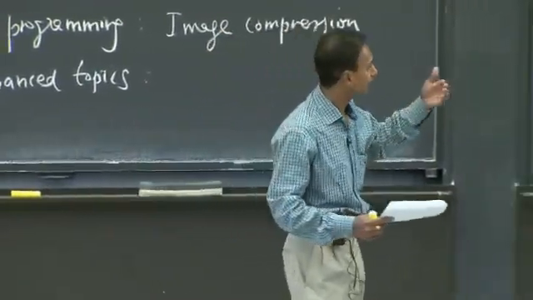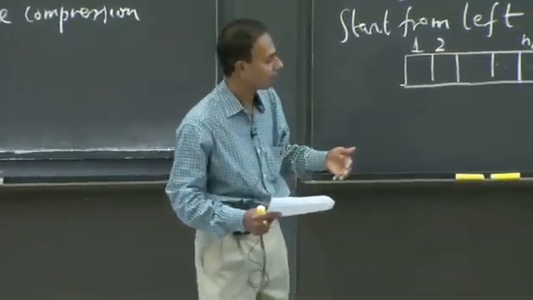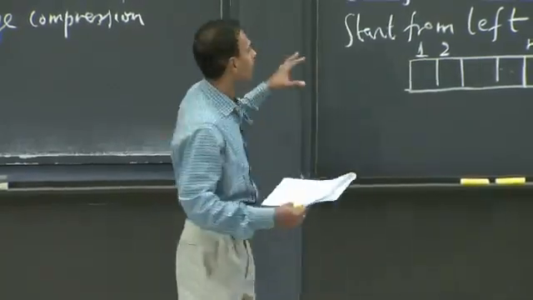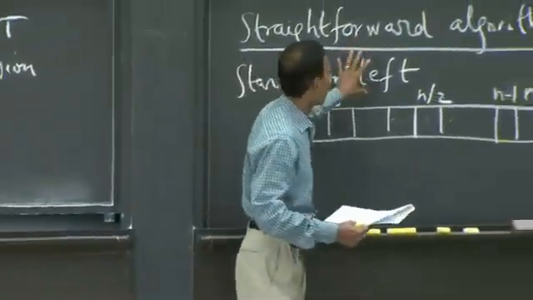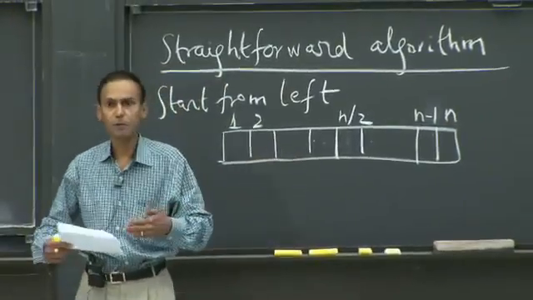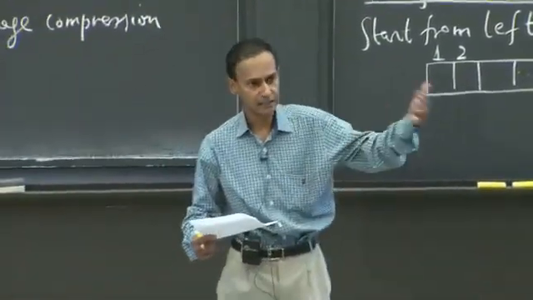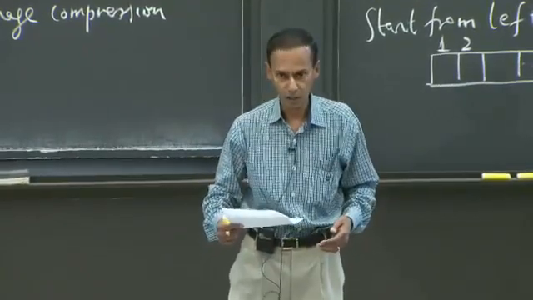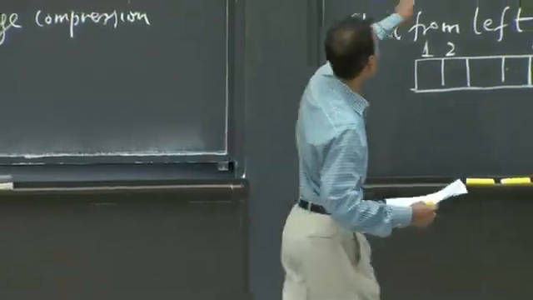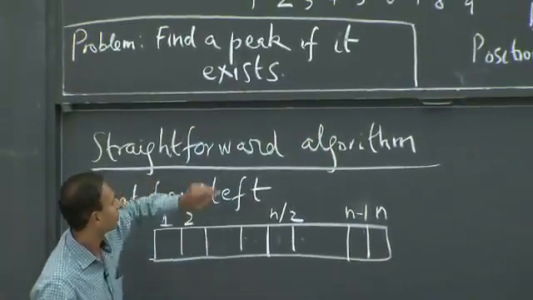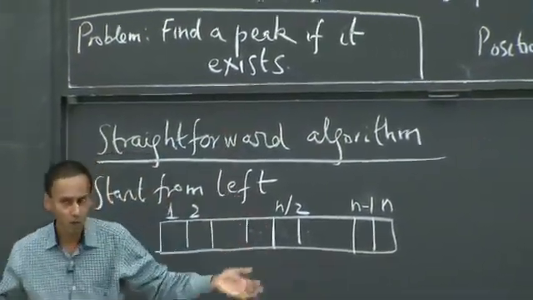If I had a different definition of a peak, and this is part of algorithmic thinking, you want to be able to create algorithms that are general. So if the problem definition changes on you, you still have a starting point to go attack the second version of the problem. So you could eliminate the if it exists in the case of the greater than or equal to definition, because the peak will always exist.